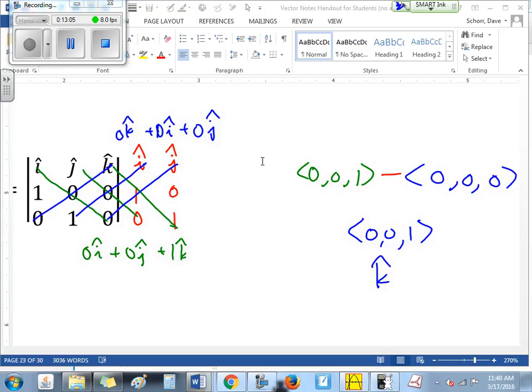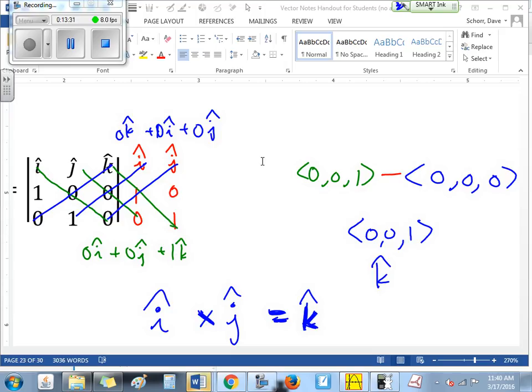So this is kind of a dumb problem in a lot of ways. I basically took I hat and I cross-producted it with J hat, and I got K hat. So this is kind of a neat little relationship. What exactly are I, J, and K? They're all 3 unit vectors, okay?